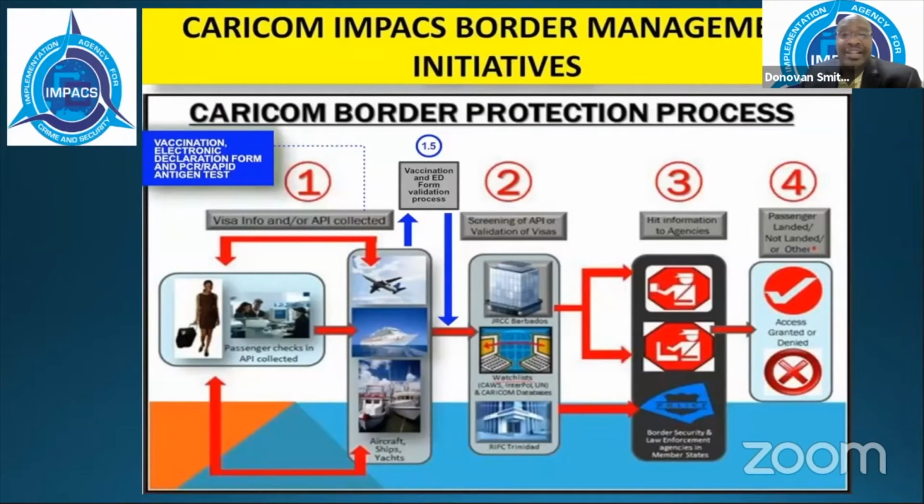So for the integration, all that needs to happen is a simple link, and from a technical perspective, I would say over a regional private access network, secure, probably using, and we're not getting too technical, a layer 2 VPLS or layer 2 MPLS VPN. But once that information is passed, it comes into the agency, and the agency can then have access to other border securities and databases to pass that information to the relevant member states.